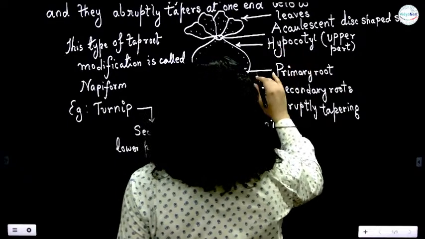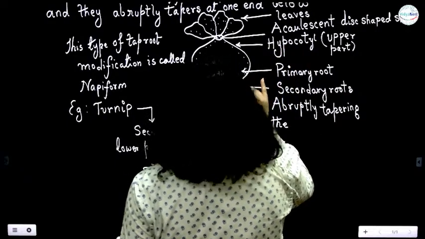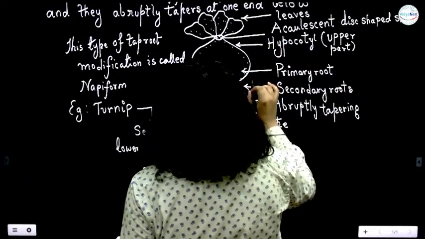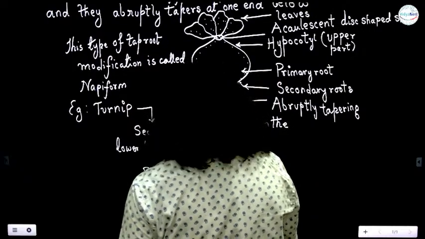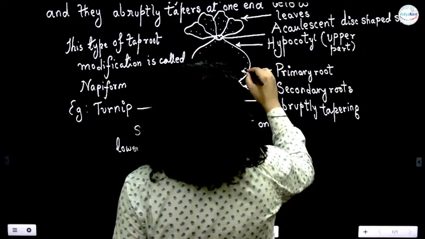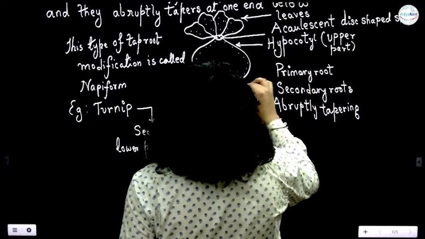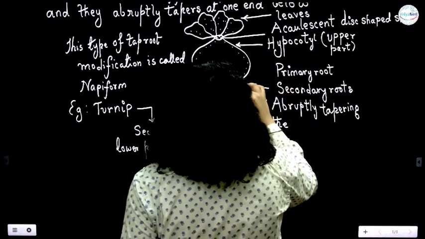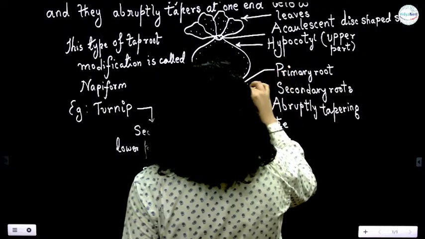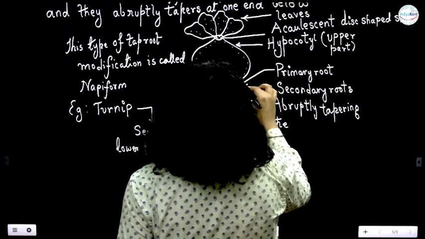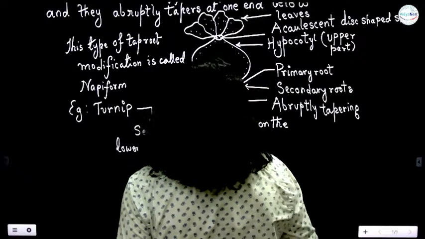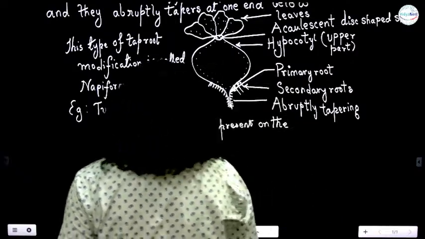The primary root is originating from here, and gradually it tapers. It is better to mark the primary root over here, like this. And these are the structures which are coming out from the primary root, the secondary roots.